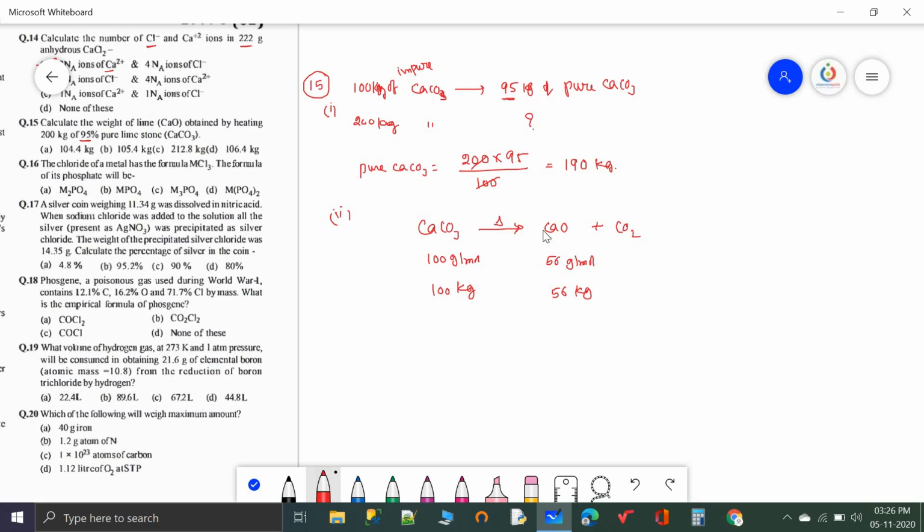So 100 kg of pure CaCO3 gives 56 kg of CaO. Then according to our calculation, there is 190 kg of pure CaCO3. So how much mass of CaO can it give? Just do the cross multiplication, that is 56 into 190 divided by 100. This is equal to 106.4 kg. So option D is correct.